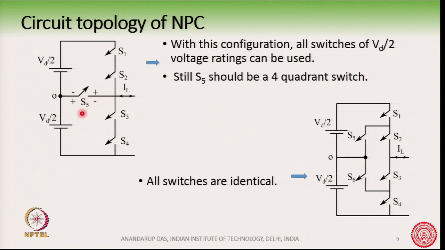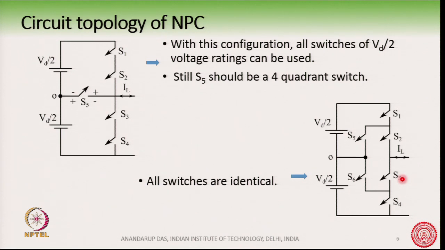In order to make this switch similar to these switches, we can make a circuit like this, where the functionality of this switch can be partly taken care of by S2 and S5 together here. Okay. In this circuit which I have shown here, all switches are identical.